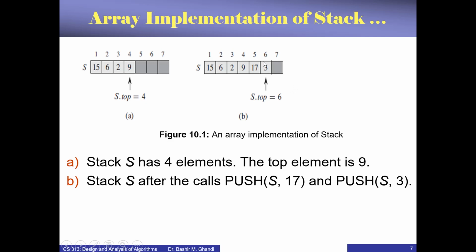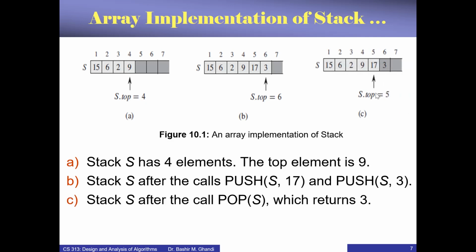So 3 is the element at the top, and therefore if you ask for S.top, you're going to get 6, meaning the index of the top element. Similarly, after the call to pop on S, we're going to get the 3 popped out, and S.top will move back to be equal to 5.